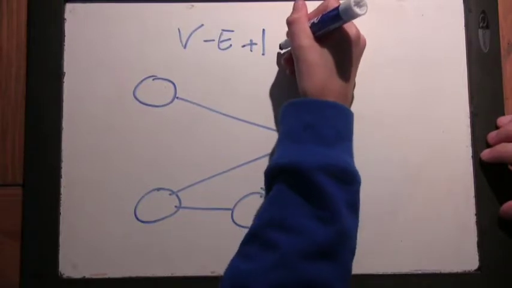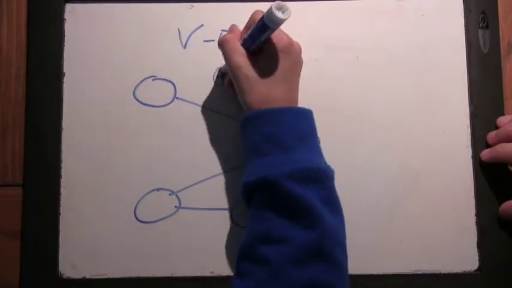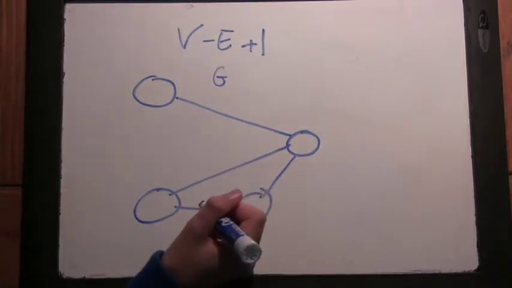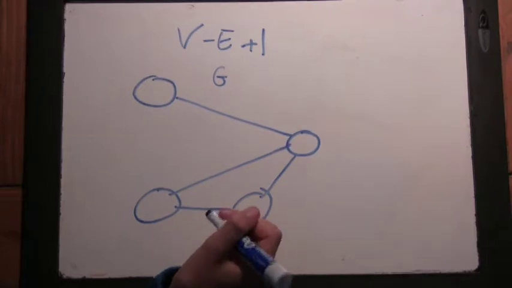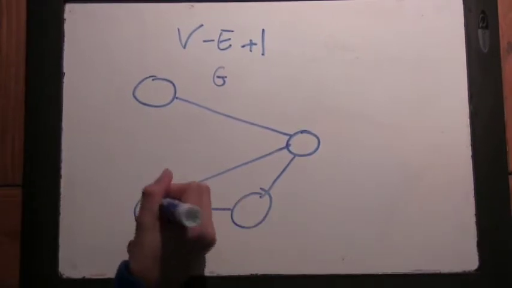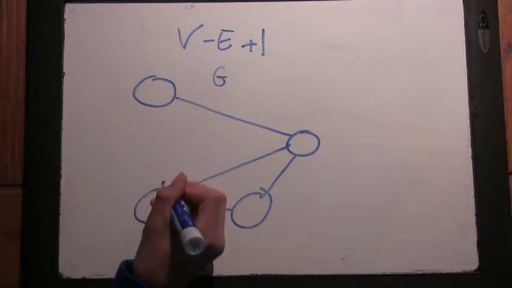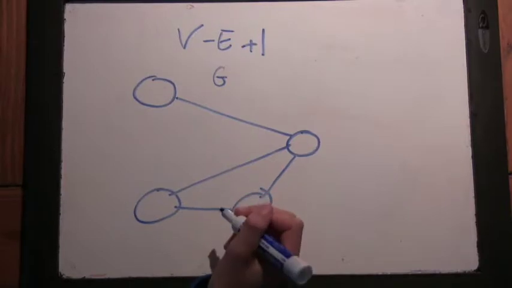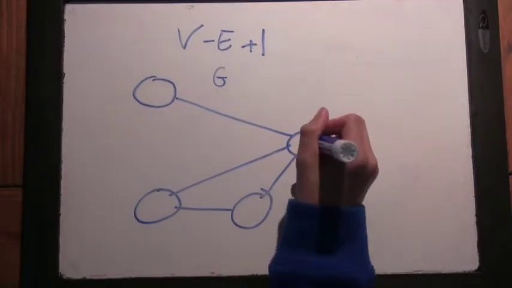So that's called the genus of the graph. All right. And then the amount of money you put on the board has to be more than or equal to the genus. Yeah, so you have to have at least as much money as the genus in order to win on the board.